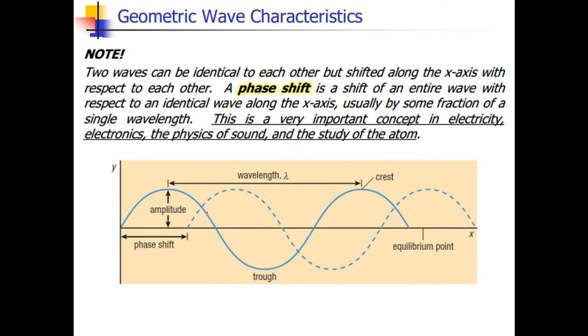You can see that this dotted wave is out of phase with the solid line. We use this concept a lot in electricity, electronics, sound, and the study of the atom. But all you have to know for the scope of this course is that the two waves here are identical as far as wavelength, crest and trough go, but they're being moved out of phase.